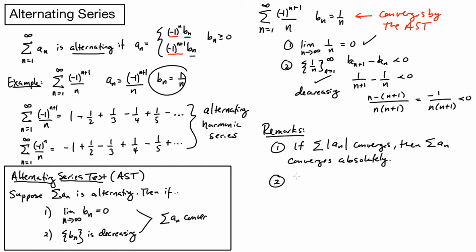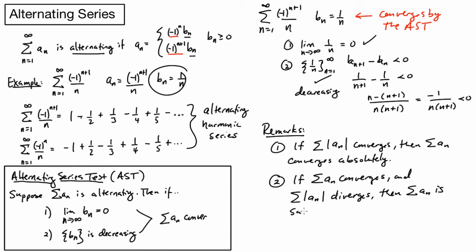And here's basically that definition. If you know that the sum converges, and you know that when you take its absolute value, that series diverges, then the original sum is said to converge conditionally.